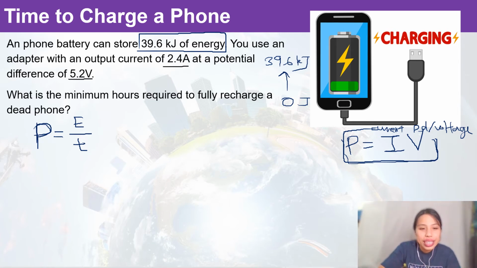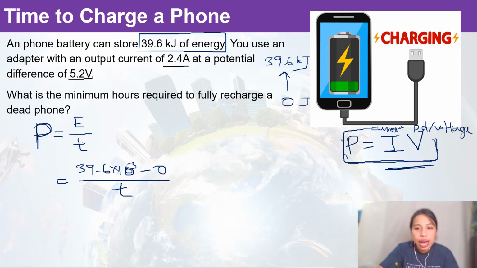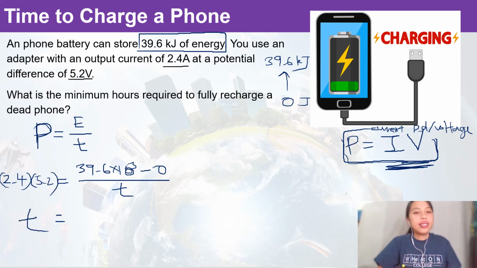So P equals E over T. Well, we can find the change in energy: 39.6 times 10 to the power 3 joules when fully charged, minus 0 if your battery is dead, over time. And on the other side, we can calculate power with I times V. So current is 2.4 times 5.2 volts. Let's see how long it takes in hours.